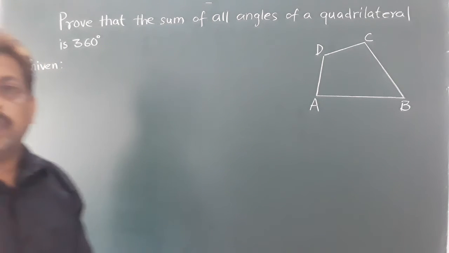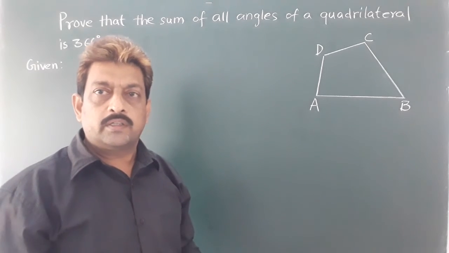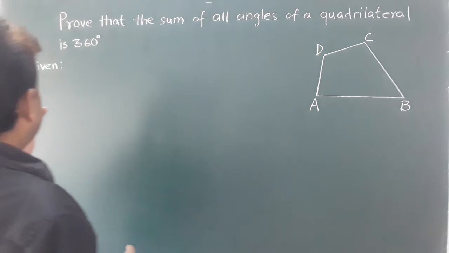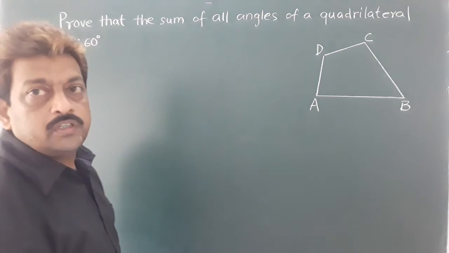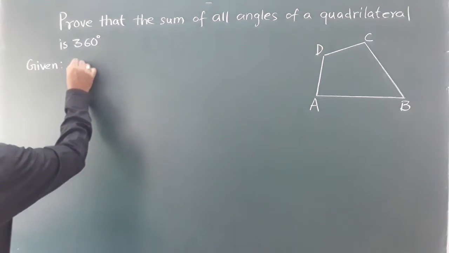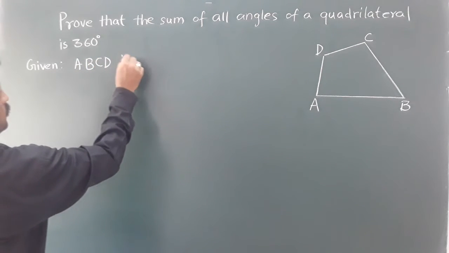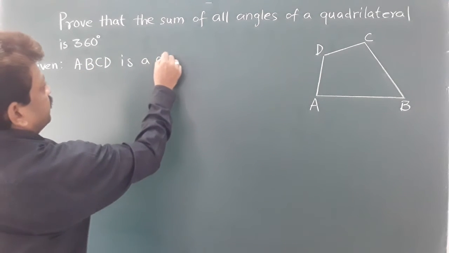Given. First of all, we have to note down what are the things given in the question. So it is given that ABCD is a quadrilateral.